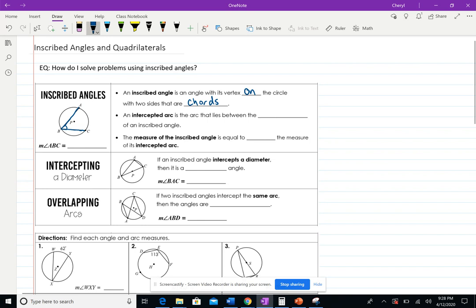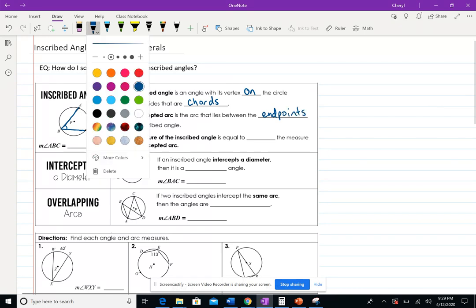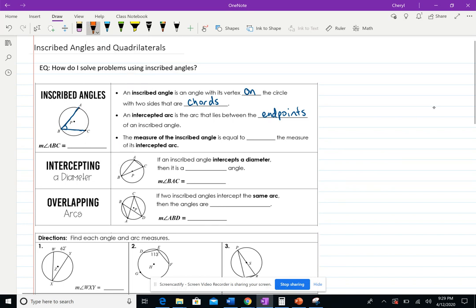An intercepted arc is the arc that lies between the endpoints of an inscribed angle. And I will outline this in orange. So here's our intercepted arc. It lies between the endpoints of the angle.